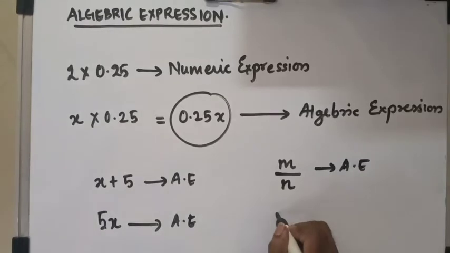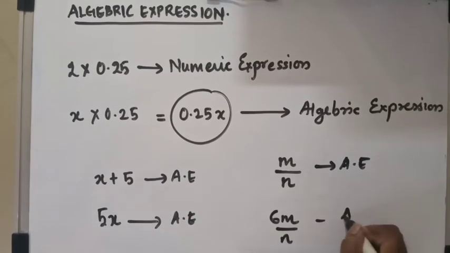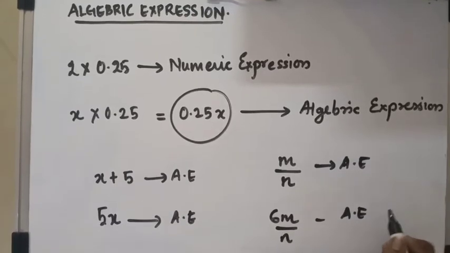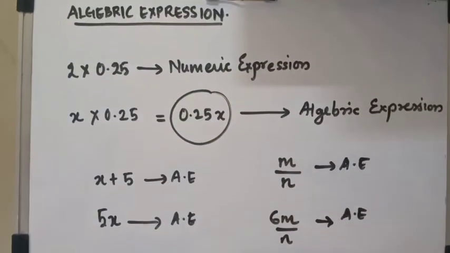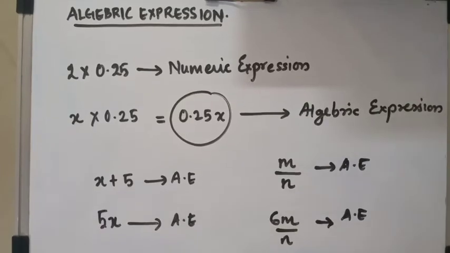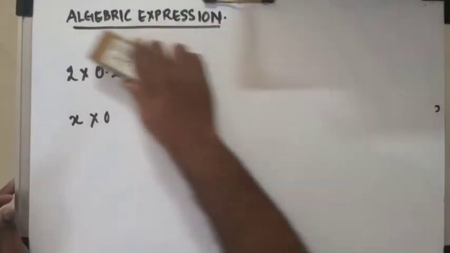Say I have 6m upon n, this is an algebraic expression. So what is an algebraic expression? An algebraic expression contains variables, and a numeric expression contains only what? Only numbers.